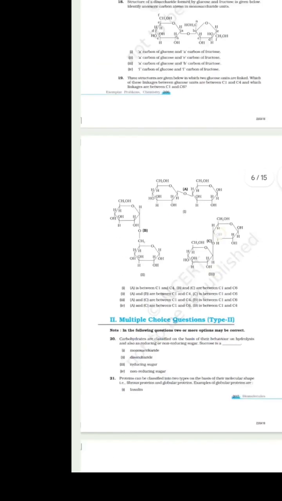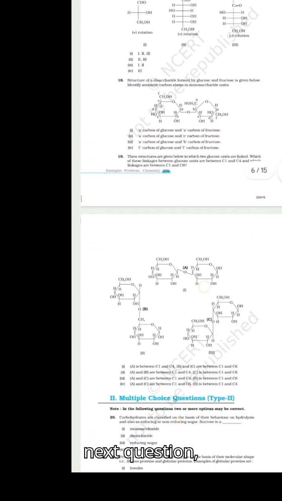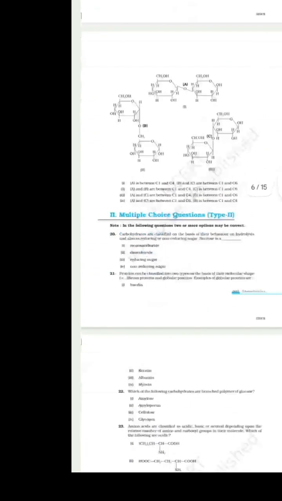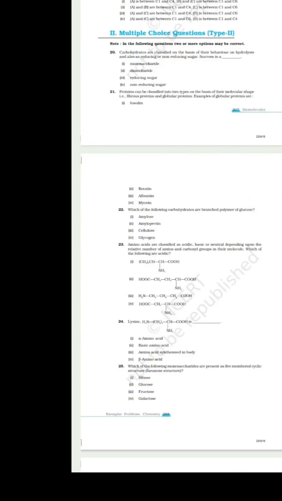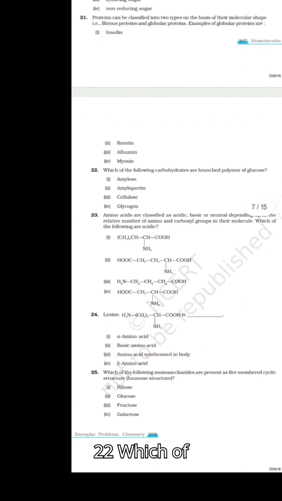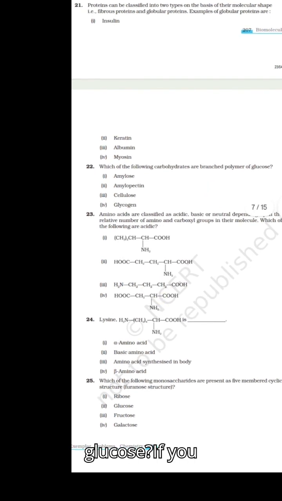And then the next question, I think 22: which of the following carbohydrates are branched polymers of glucose? If you observe, all of these are polymers of glucose.